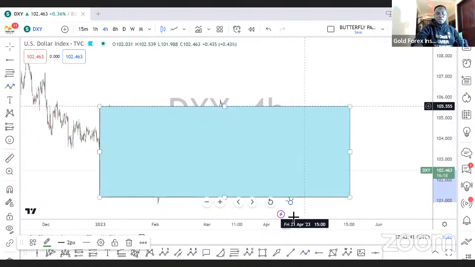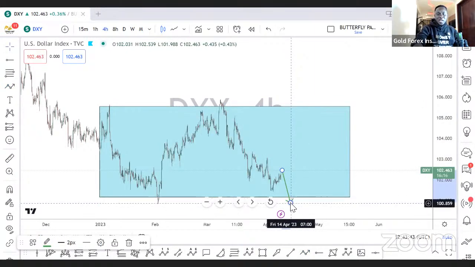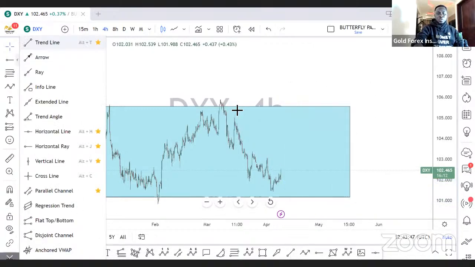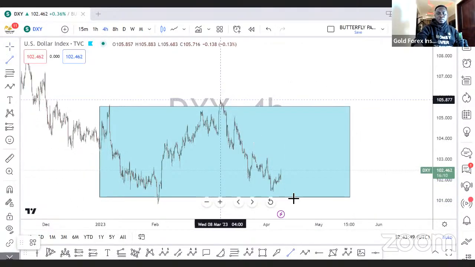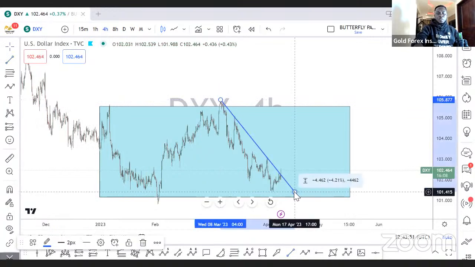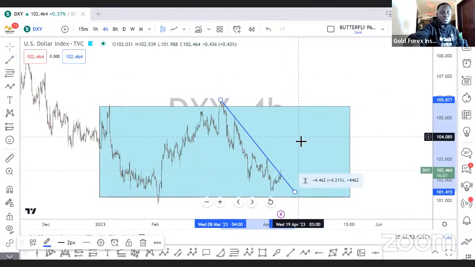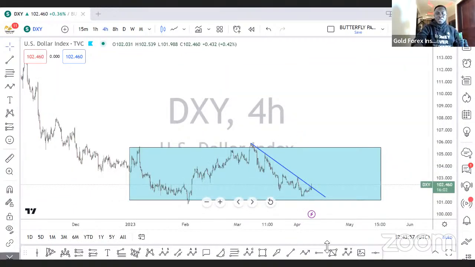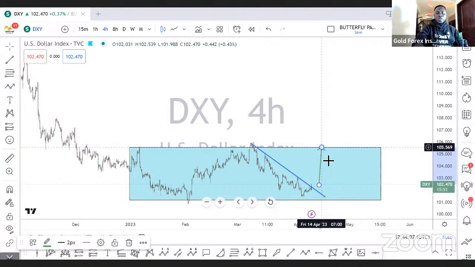But it seems it has started the up move currently. What you want to do is to draw your trend line here. You can see that DXY has already broken the trend line. So I'm expecting DXY to move all the way to at least this resistance zone before anything.